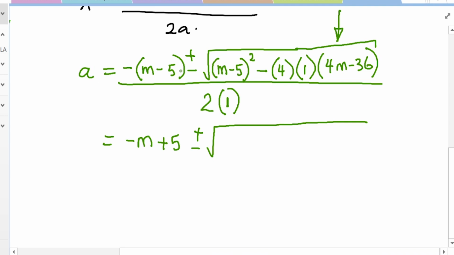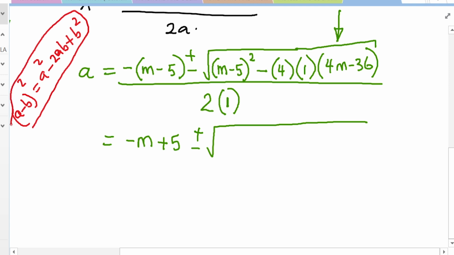I'm going to use this identity to demystify this one. Let me write it here for side work just to show you. We know that a minus b squared is given by a squared minus 2ab plus b squared. So this identity is what I am going to use to solve this thing here.